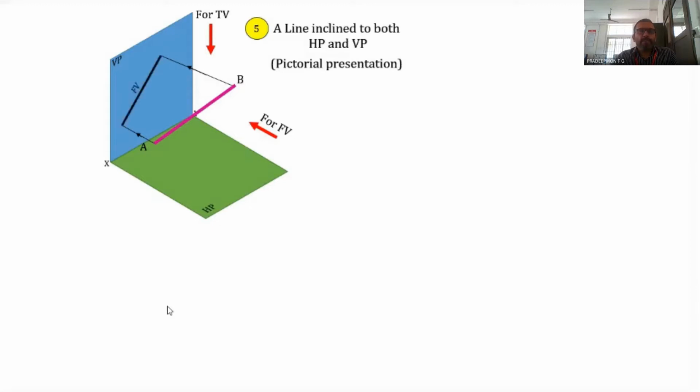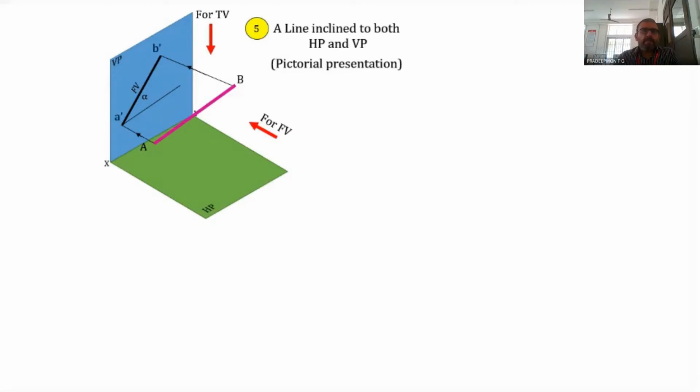So here is our front view, and the front view is making an angle of alpha with the XY line. This newly drawn line is parallel to the XY line, so this angle will be equal to alpha, the inclination of the front view with the XY line.